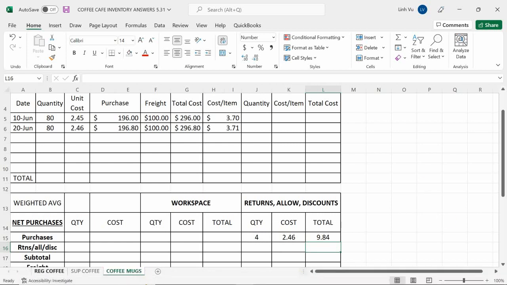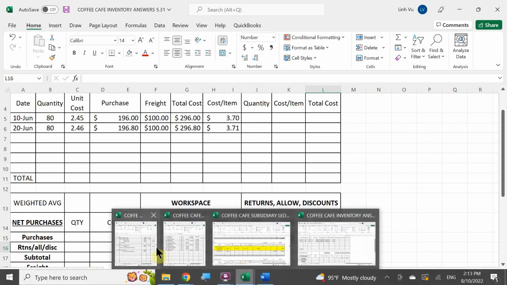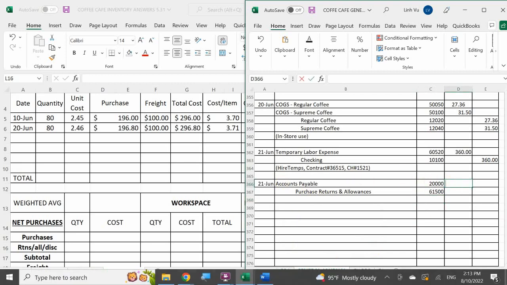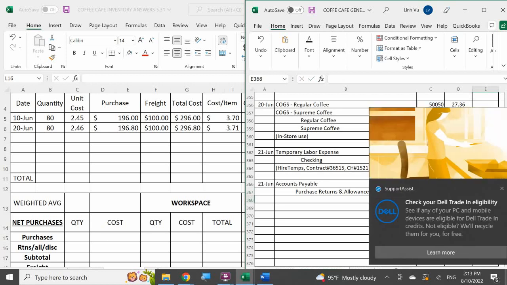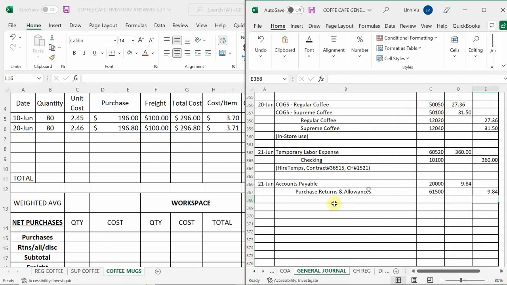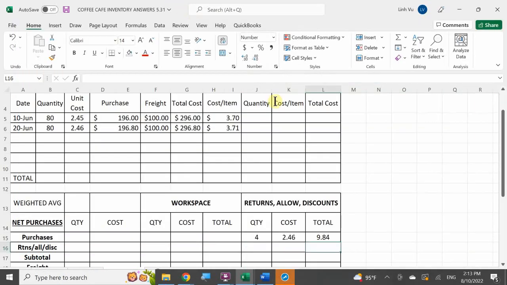So we go back to the general journal, and we put in 984 on both of those. And then the note is return 4 broken mugs for full refund.